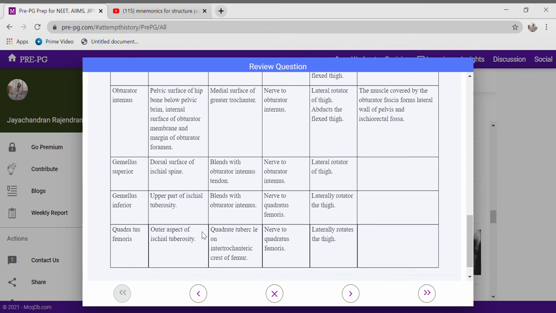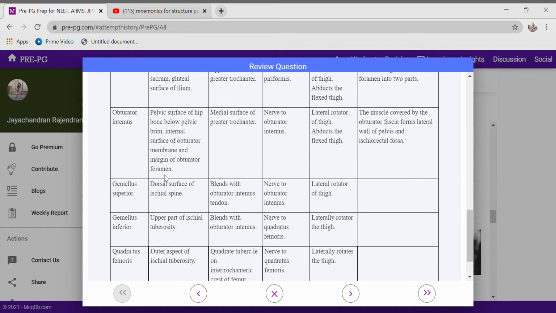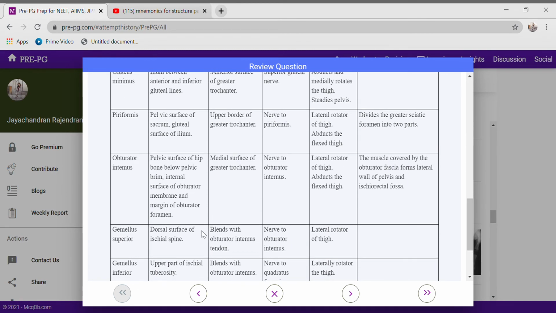Then you have obturator internus. It arises from the internal surface of the obturator membrane and the margin of the obturator foramen, and inserts on the medial surface of the greater trochanter. This is the upper border, this is the middle border.